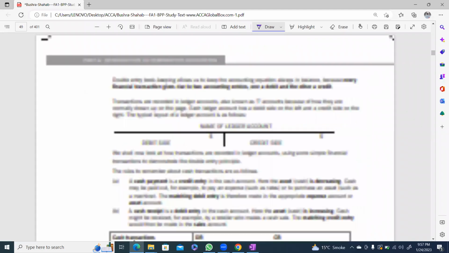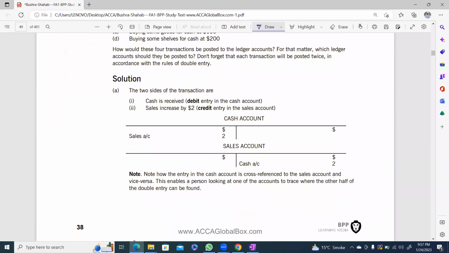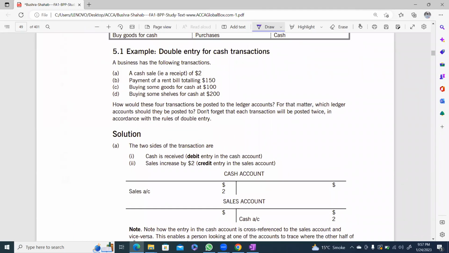Now I'll tell you how you post the double entry into the T account. What's the entry for cash sale? Cash debit by $2 and sales credit by $2, right? You'll make a cash account. Right hand side is the credit side, left hand side is the debit side.